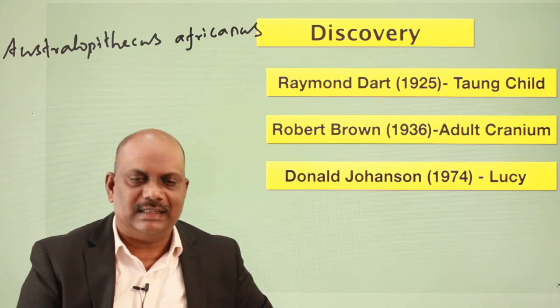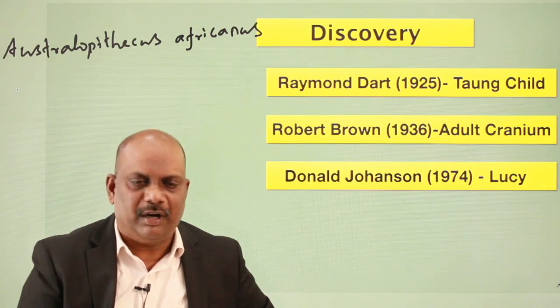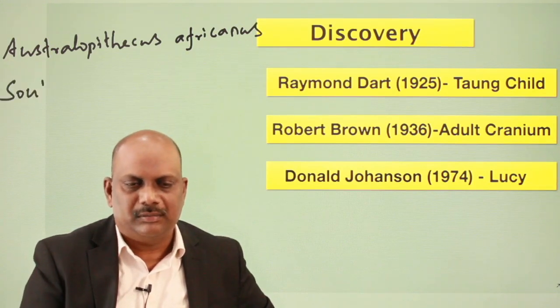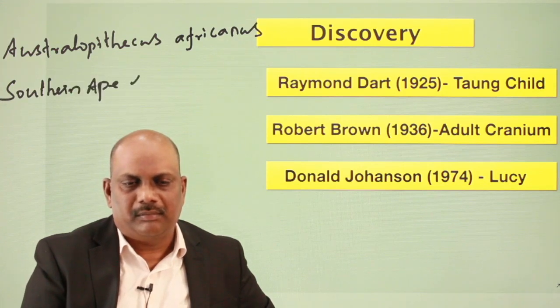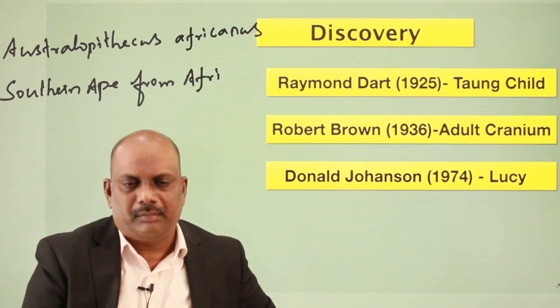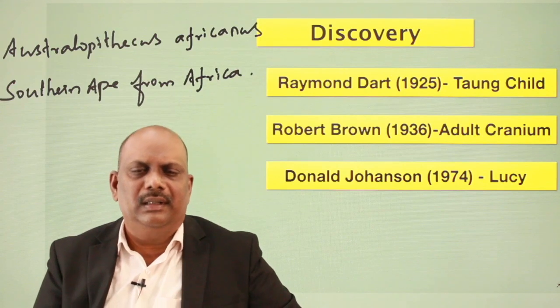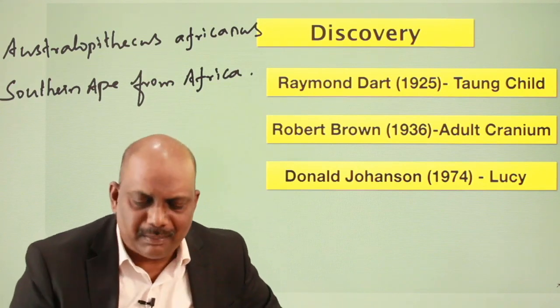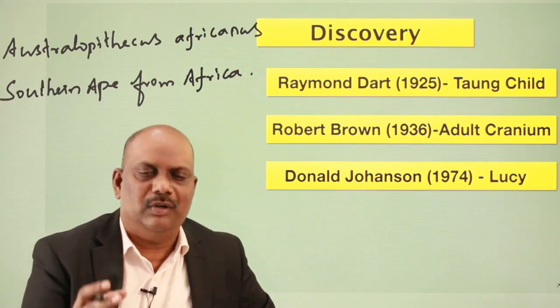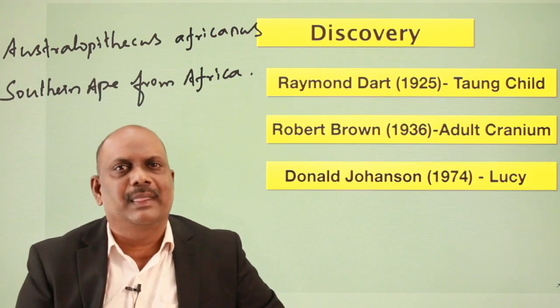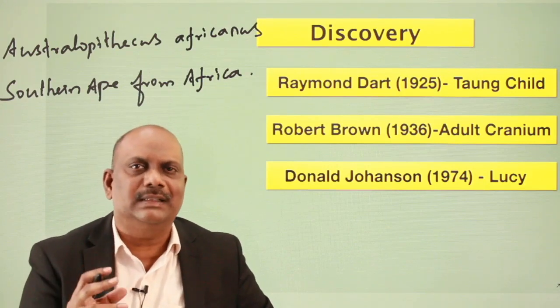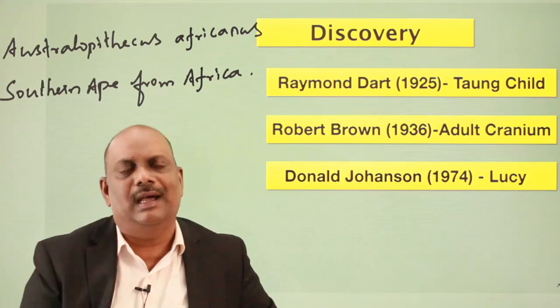That is the southern ape from Africa. Then Raymond Dart published a number of papers about this Australopithecus africanus, and he assumed that Australopithecus africanus should be in the line of human evolution.